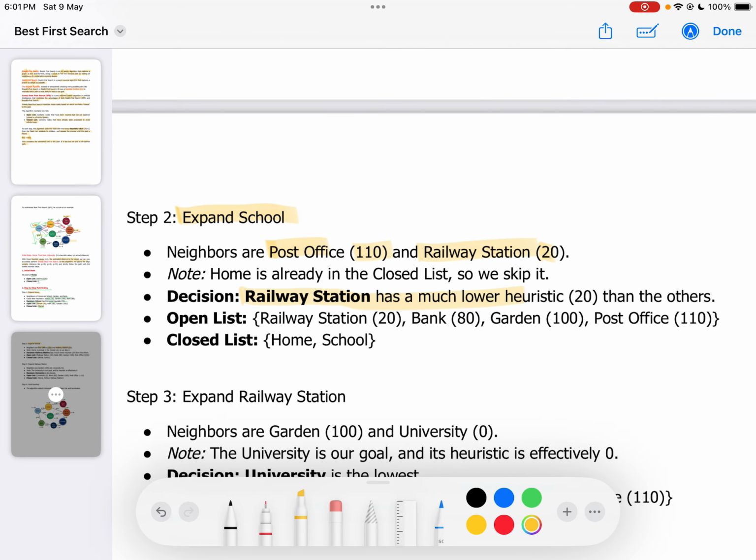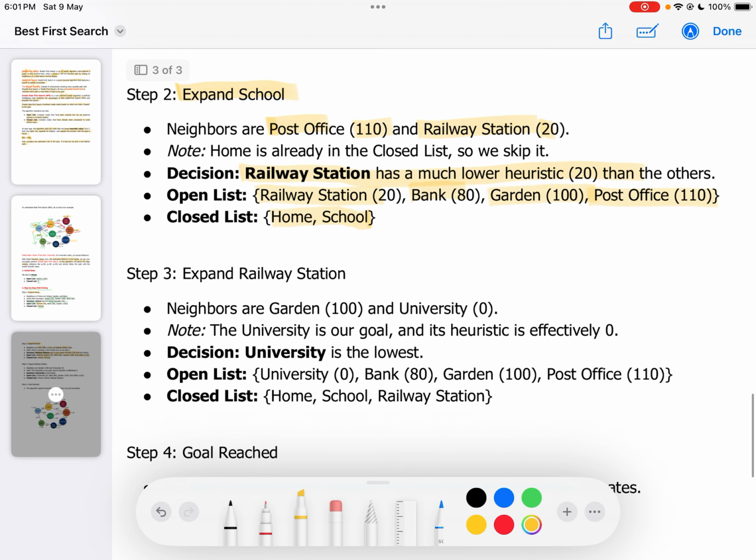Decision: railway station. Now in the open list, we include railway station, bank, garden, post office. We were in school, now it has come to the closed list. Home and school are closed. Now we'll have to expand the railway station because it has the lowest heuristic value.